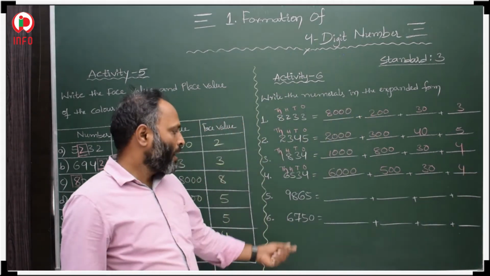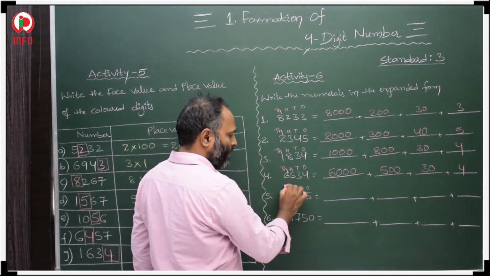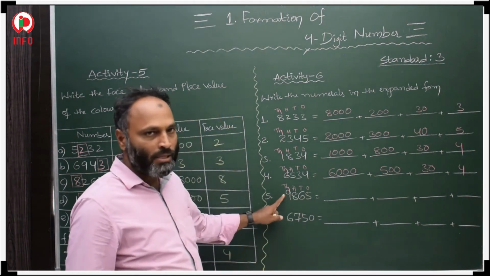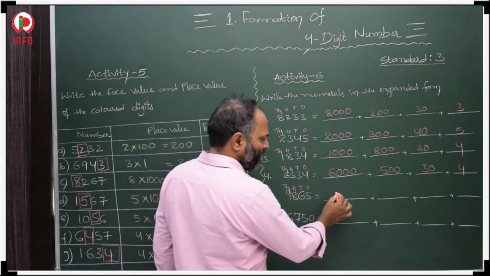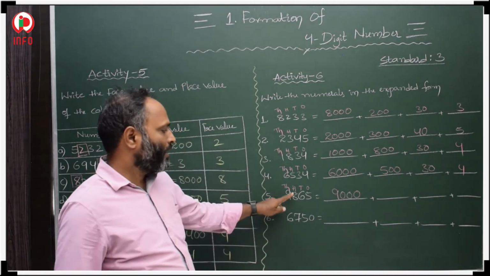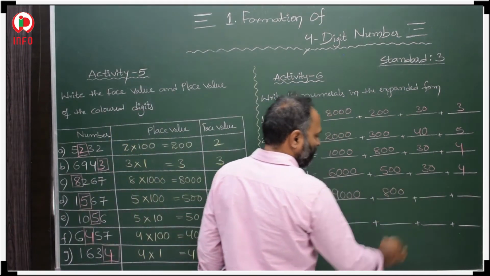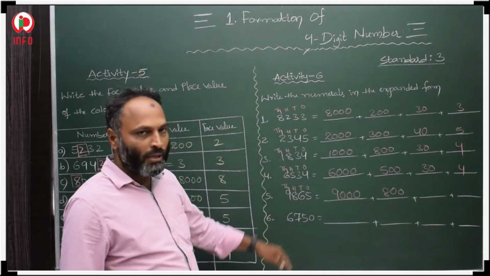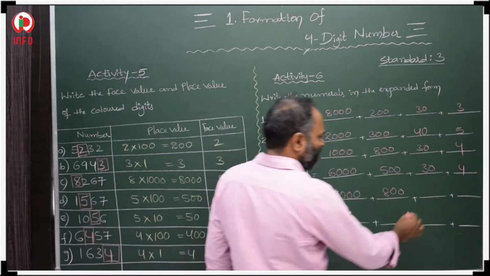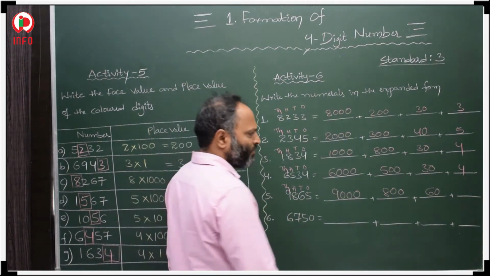Next, again, ones, tens, hundreds and thousands. 9 is in the thousands place, 9000. 8 is in the hundreds place, 800. 6 in the tens place, 60. 5 in the ones place, 5.